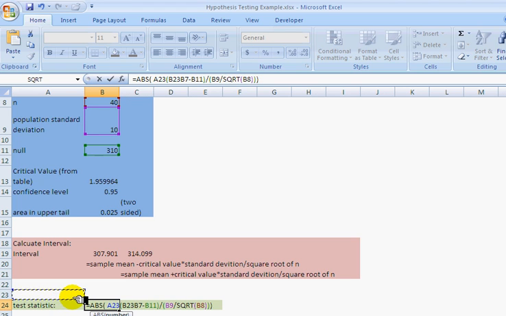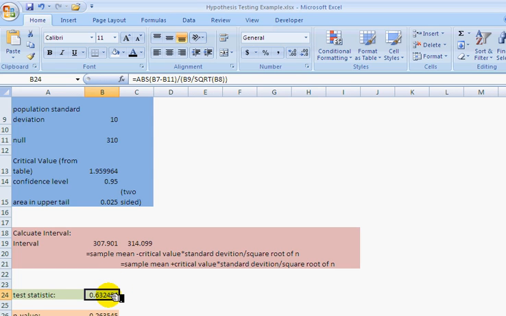That will give us this test statistic. Now my table is not complaining again. My test statistic is calculated as sample minus the null divided by the standard error. And that gives us a test statistic of 0.63.